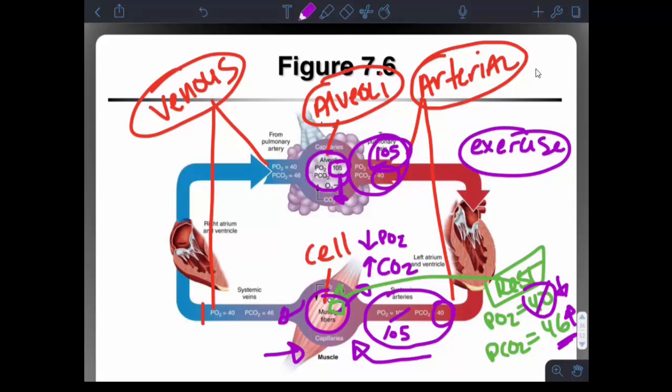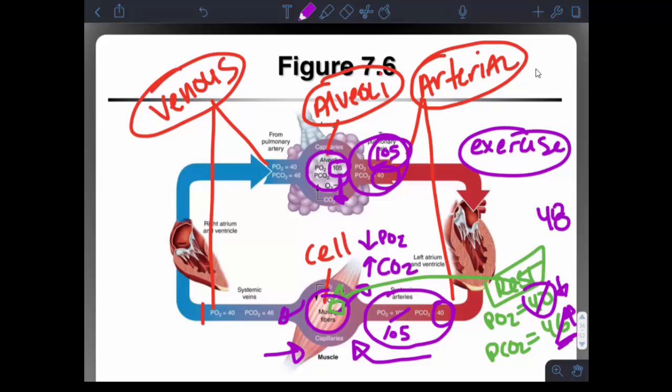I don't have any real numbers for this, but it doesn't rise as much as oxygen, because remember that the diffusion coefficient of CO2 is higher, so we don't need as big of a pressure gradient. So let's just say that PCO2 during exercise goes from 46 to 48.